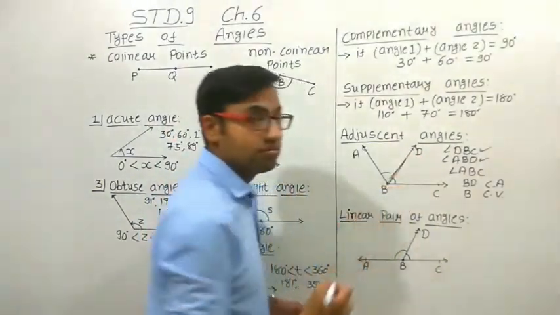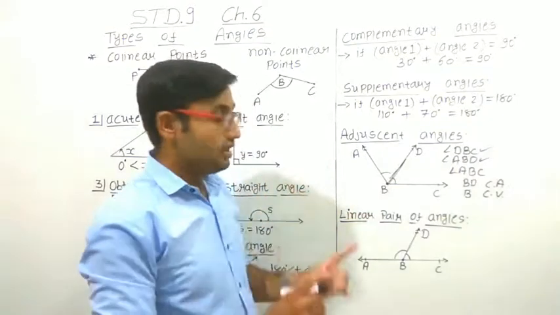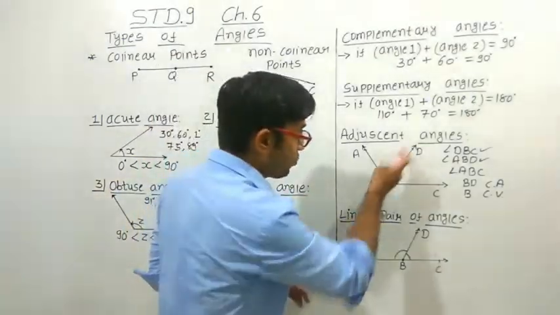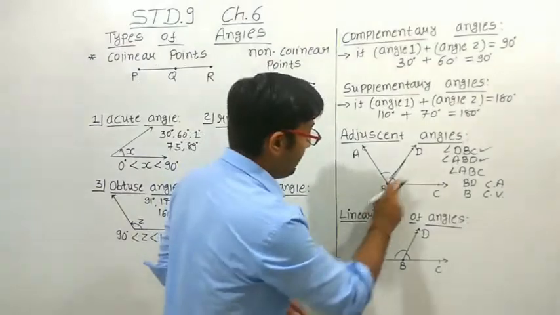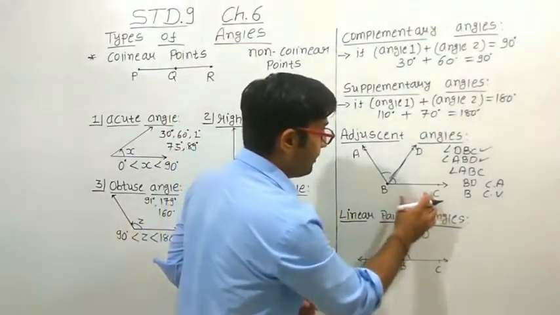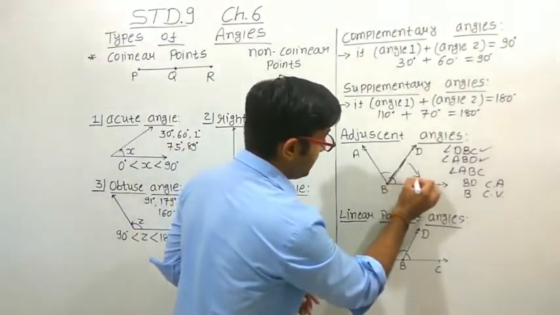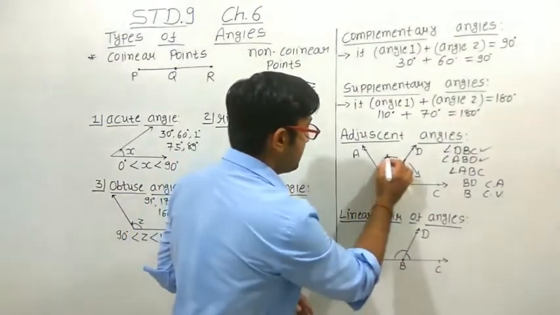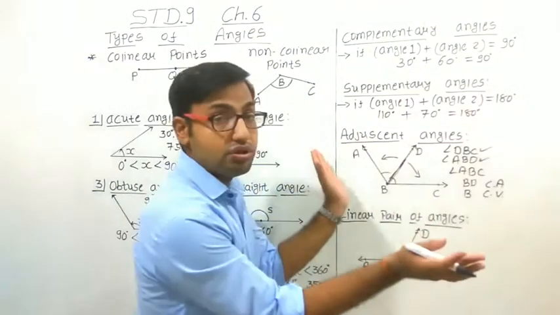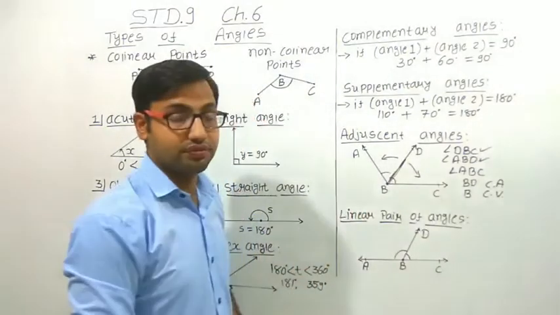So both the angles have one arm remaining, and both arms must be in the opposite direction of this common arm. For angle ABD, arm AB remains, and for DBC, arm BC remains. BC is in this direction and AB is in this direction. So both the arms AB and BC are opposite to this common arm, right? So this is the third condition.